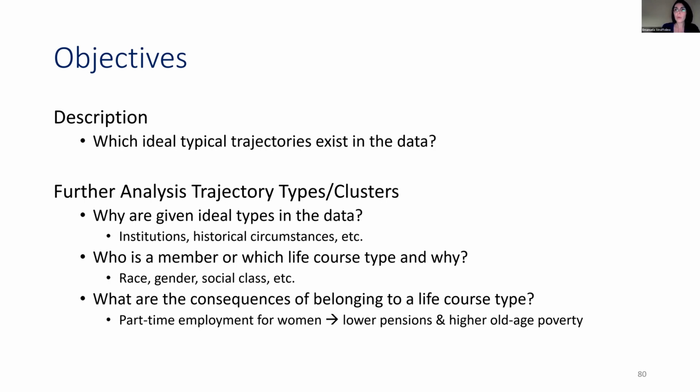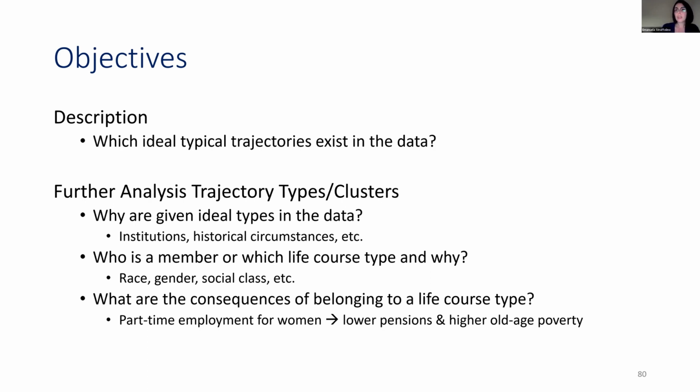But also we might want to know something about the consequences of experiencing a certain life course or a certain temporal process more generally. So for example, we want to know whether working part-time for the whole life course might lead to lower pension and higher risk of old age poverty. Is this something that happens specifically to women or to men?